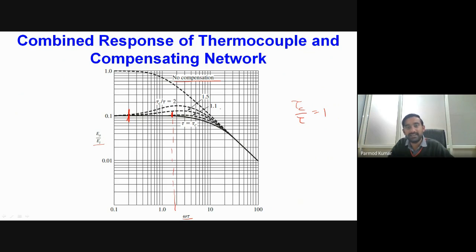If we decrease the value and keep it close to 1.1, we have a large spectrum of frequency up to which EO by EI is constant. For practical consideration, the largest spectrum of frequency corresponding to a constant output voltage divided by input voltage is obtained at tau c by tau equal to 1.1.